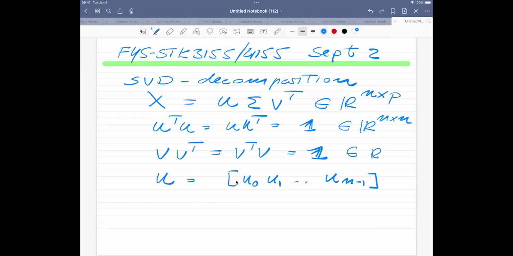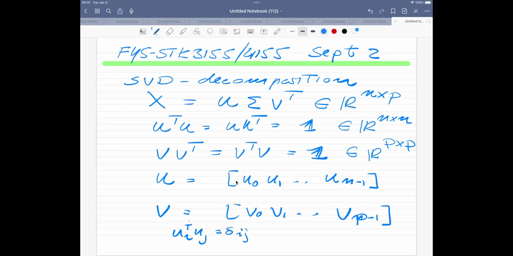This identity matrix has dimension P times P. And the matrix V can also be written out in terms of the column vectors V_0 to V_{P-1}. And we have the property that U_i U_j transposed is equal to delta_ij, and V_i transposed times V_j is equal to delta_ij.